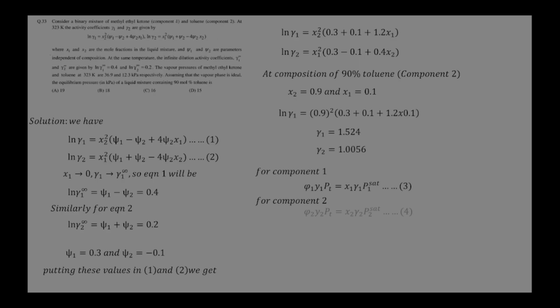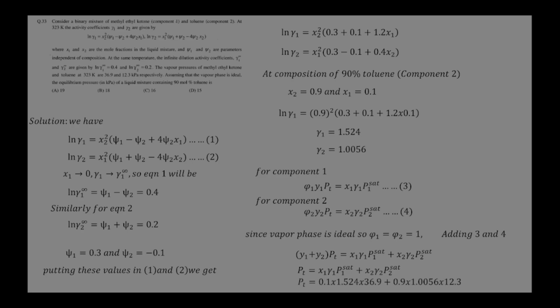Okay, now at 90% composition of component 2, putting ln gamma 1, for component 1, component 2. Okay, so you will solve and you will get 16 as the answer.